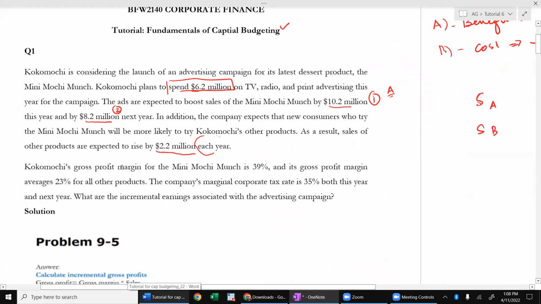The company's gross profit margin for the Mini Mochi Munch, meaning product A, is 39%, and its gross profit margin averages 23% for all other products, for product B and all others. The company's marginal corporate tax rate is 35% both this year and next year. And what are the incremental earnings associated with this advertising campaign?